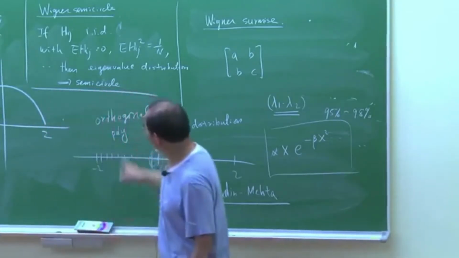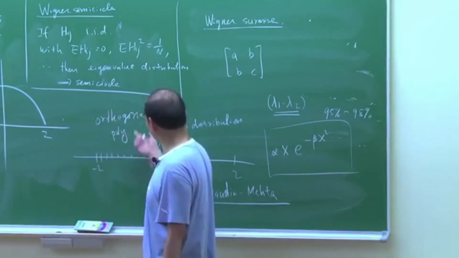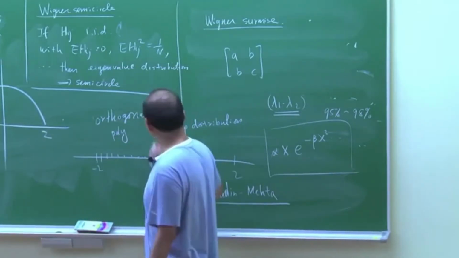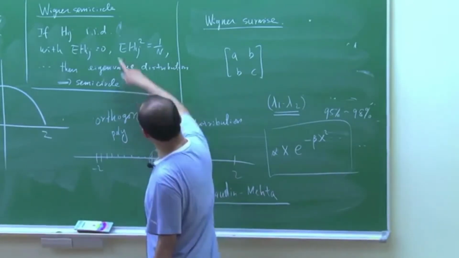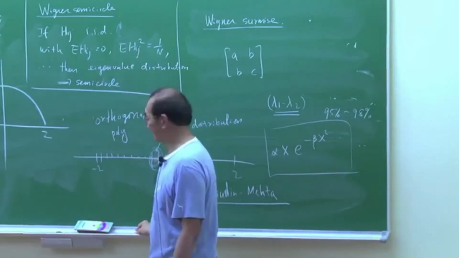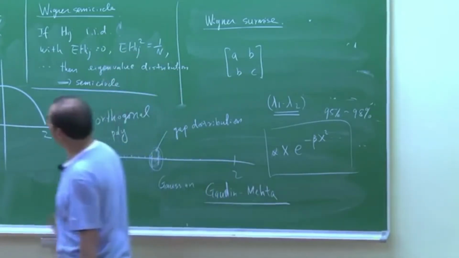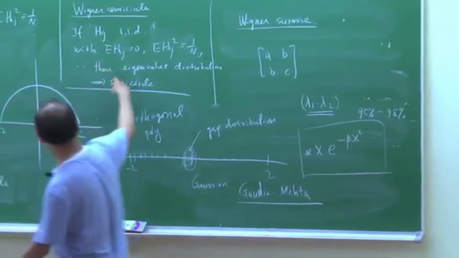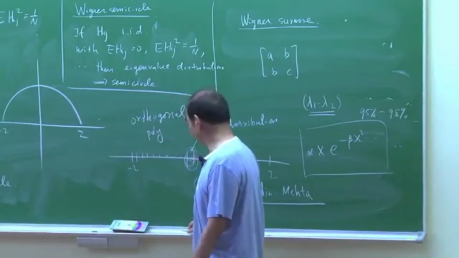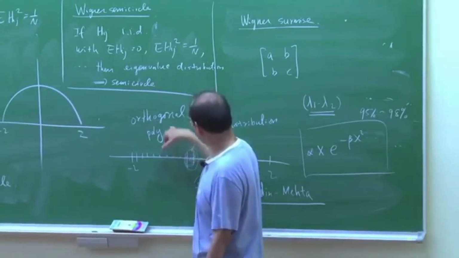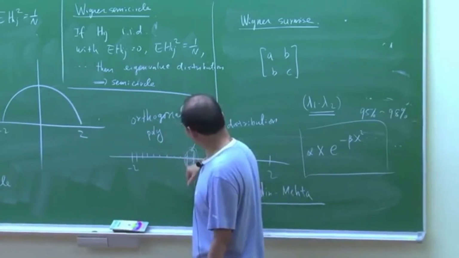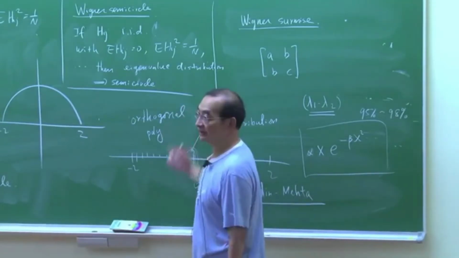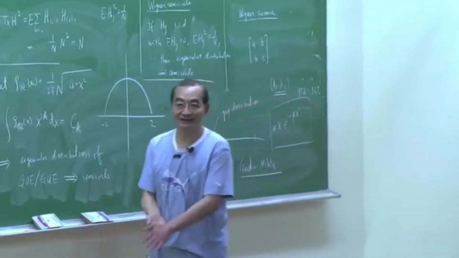I will give you a short introduction of how to use orthogonal polynomials to compute the Gaussian case. And then after that, we will go to the general Wigner matrices. The reason we want to study the general Wigner matrices is that if you want to study random graphs and so on, you have to get out of the Gaussian. So the next hour will be orthogonal polynomials for the Gaussian case, and then we will start the non-Gaussian case. Okay, all right. Thank you.